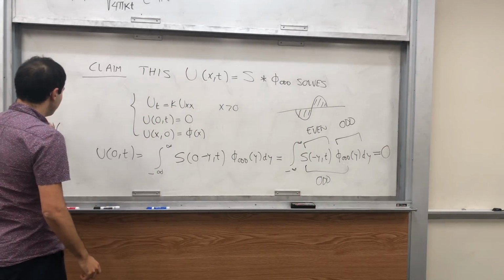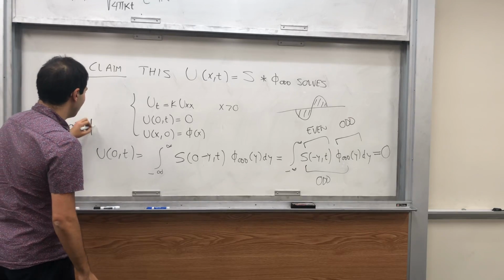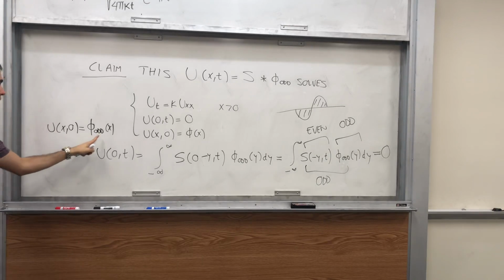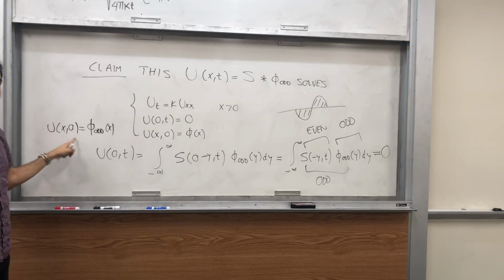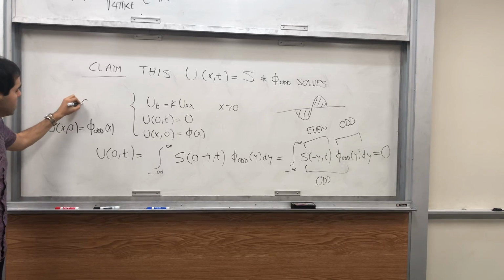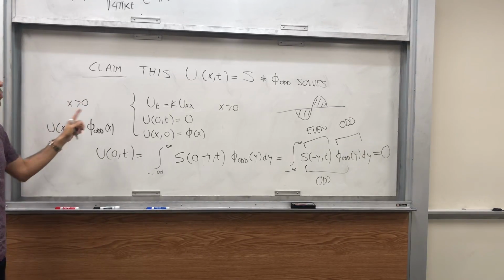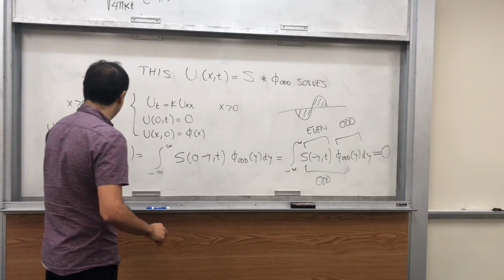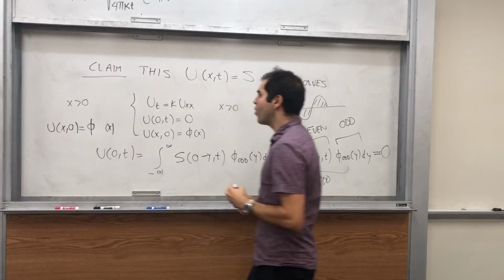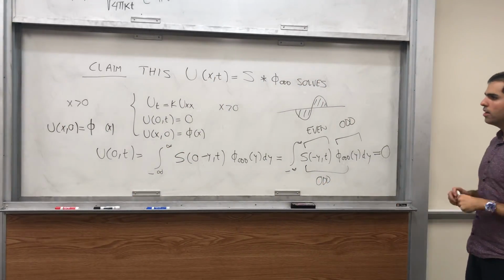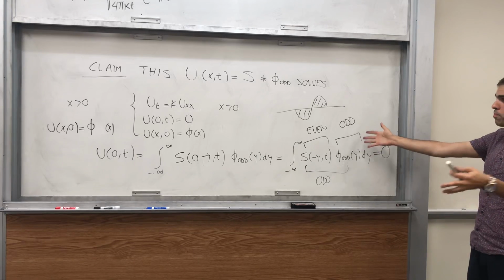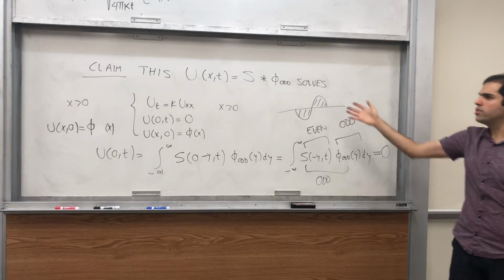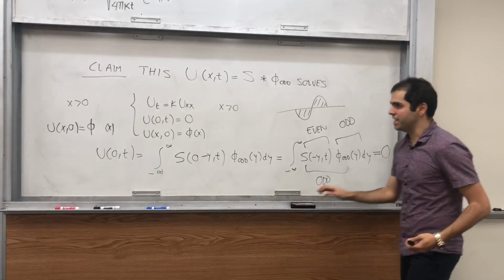Well, we know u(x,0) is phi odd of x by our original PDE, but this is valid for every x. Now, if x is positive, we know something more: phi odd equals phi for x positive, so indeed u(x,0) equals phi of x. So, without barely needing the formula for the solution, we already know that u solves our original PDE.